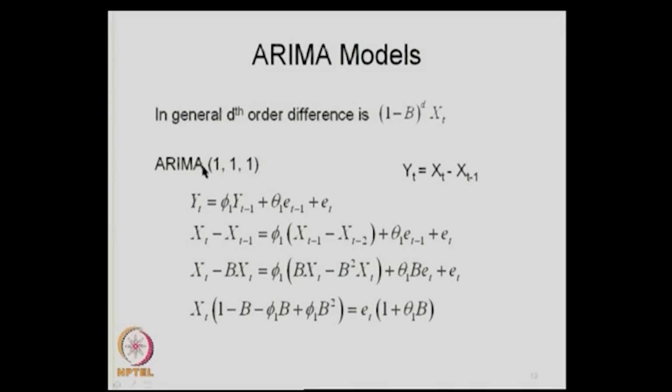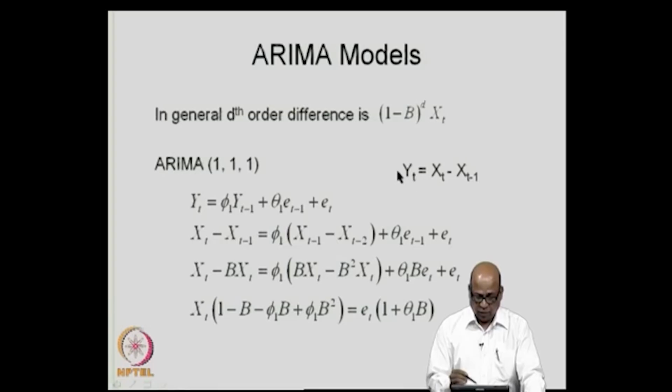Let us look at the ARIMA 1 1 1 model. That means, the first order differencing is done on the series and then you apply the ARIMA 1 1 model. So, as I said, any time there is a differencing order present, that is any time when d is not equal to 0, first you carry out the differencing on the original time series.